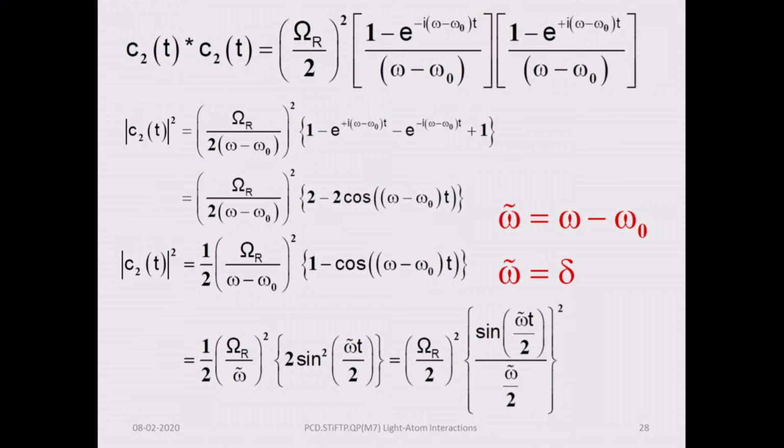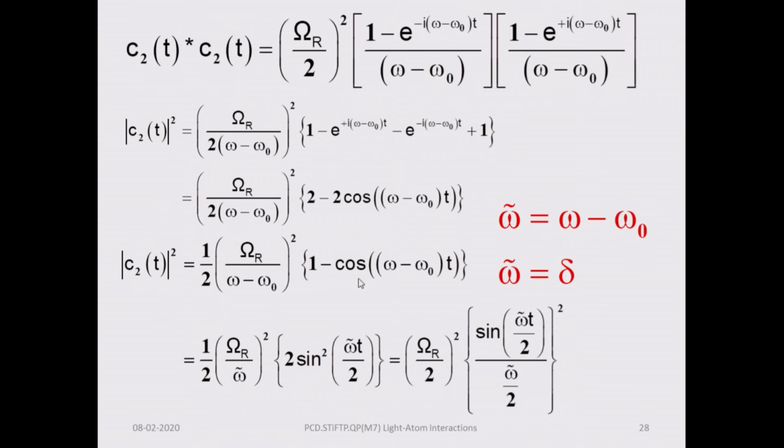This is like the detuning term. Okay? So, if omega is exactly equal to omega 0, at exact resonance omega tilde would be 0 and the field would be completely tuned to the resonant transition, but otherwise this omega tilde, this difference omega minus omega 0, is a measure of this detuning.